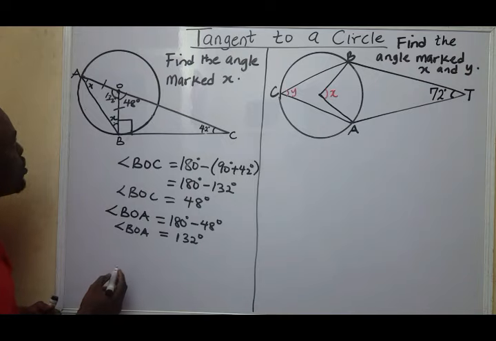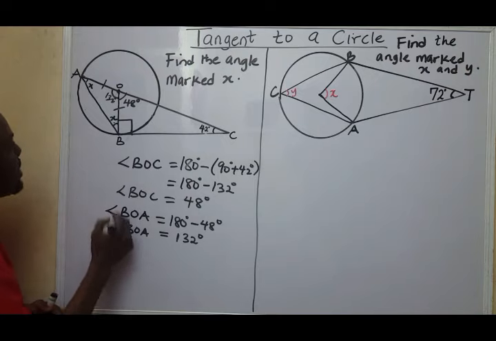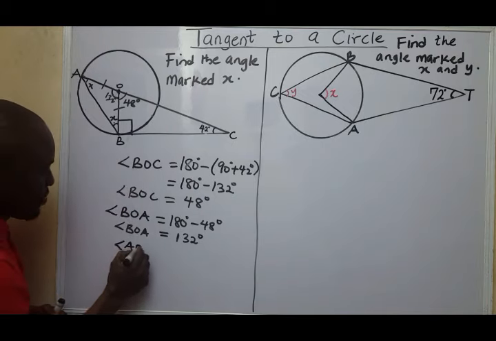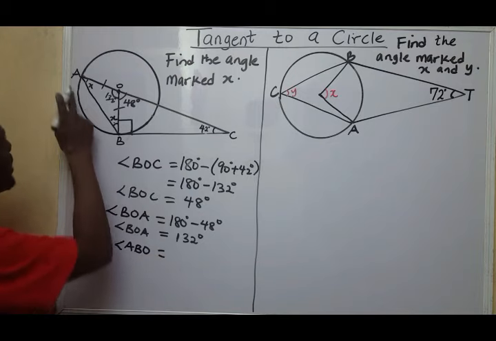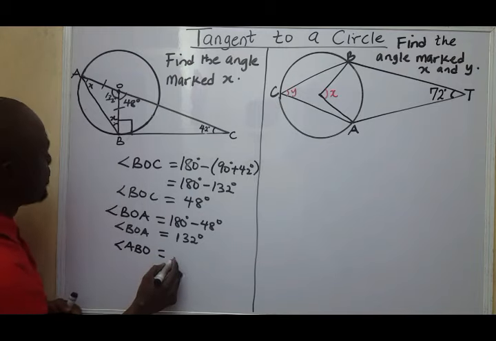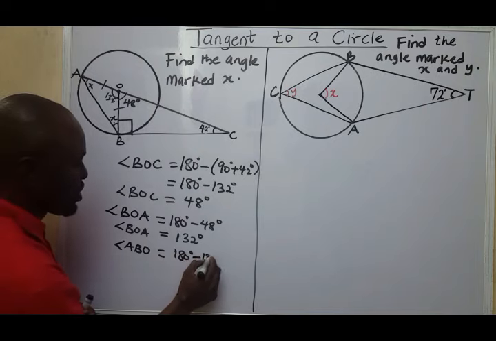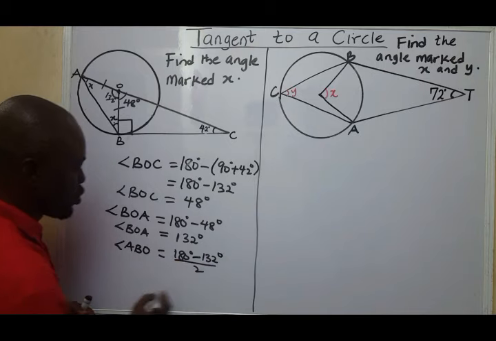So what I need to do in order to get X, so if I want to get X, let me say ABO, will be 180 degrees minus 132 degrees divided by 2.